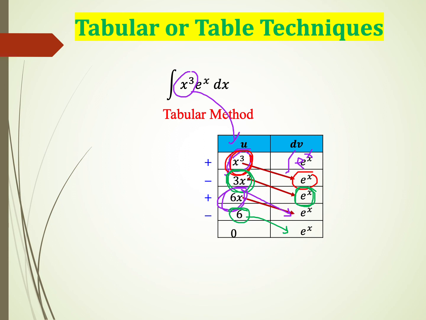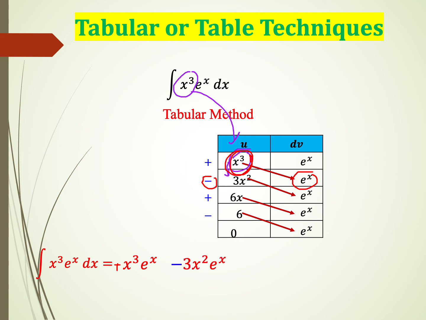So we will get what? First, this is the integration. When I first multiply x to the power 3 by e to the power x, I get x to the power 3 multiplied by e to the power x, and the sign is plus, so I don't need to write it here. The second one, I will take this minus with 3x squared and multiply by e to the power x, so it will be minus 3x squared e to the power x.